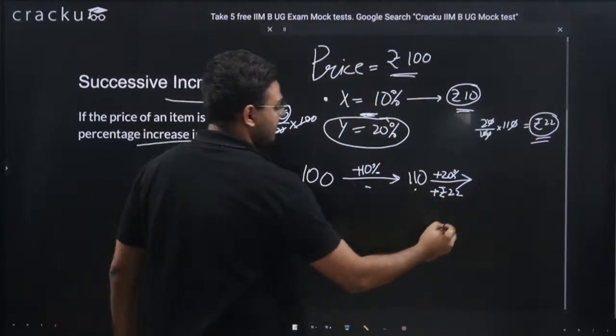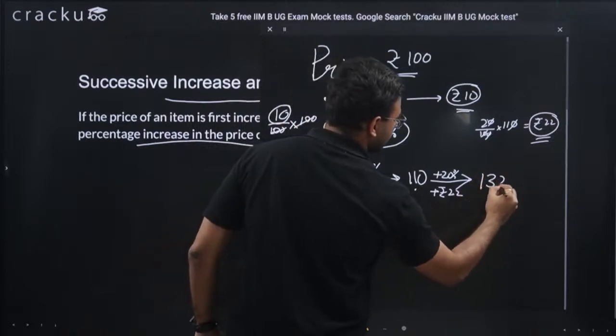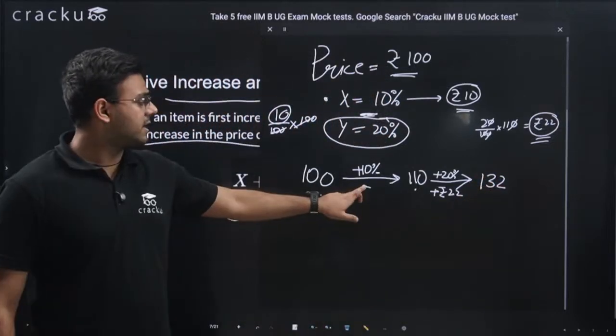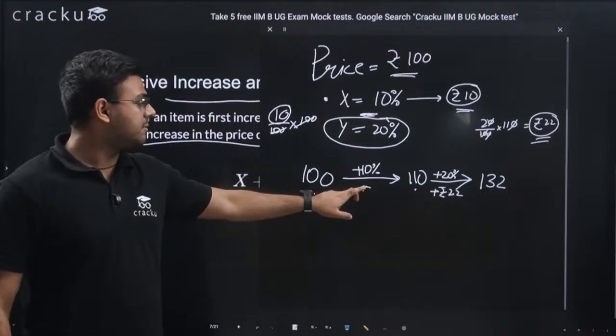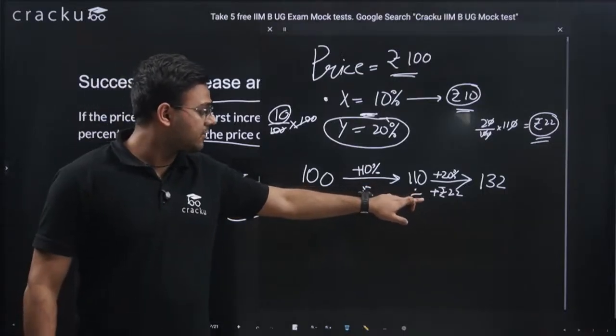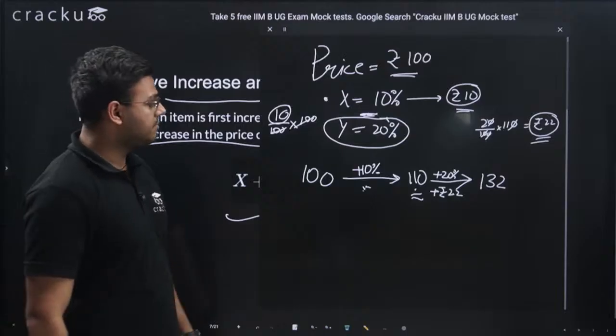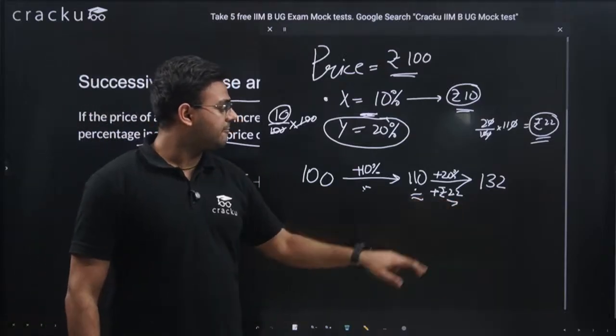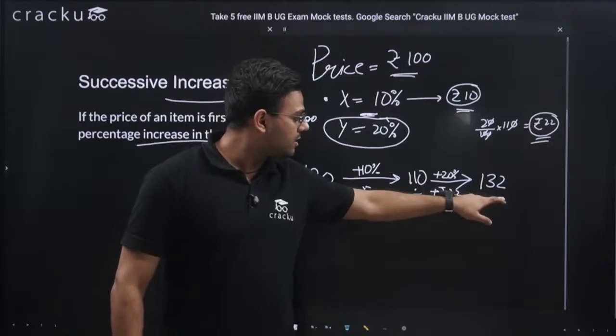So the final price of the item becomes 132. It is first increased by 10%. After this 10% increase, the price of the item becomes 110, and after this 20% increase, the price of the item becomes rupees 132.